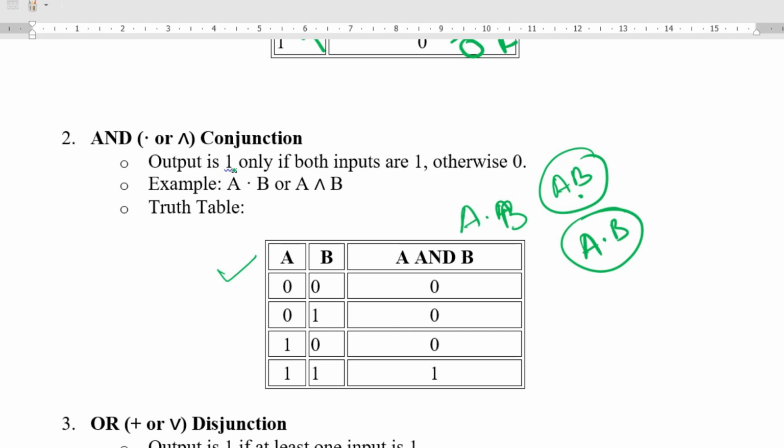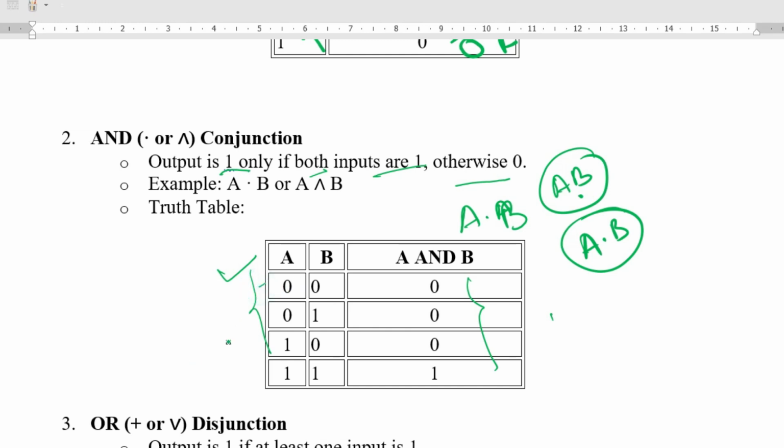The output will be 1 only if both the inputs are 1. Otherwise the output will be 0. If any one of the inputs is false, then the output will be false.